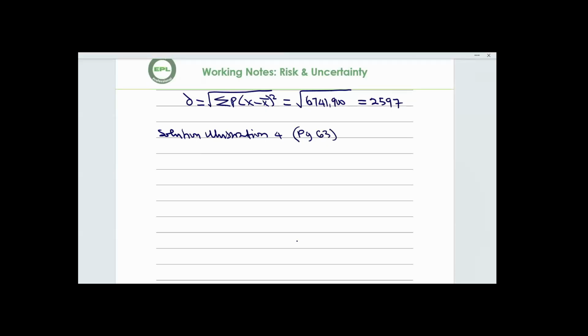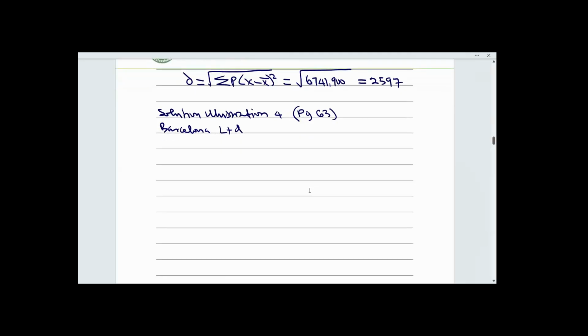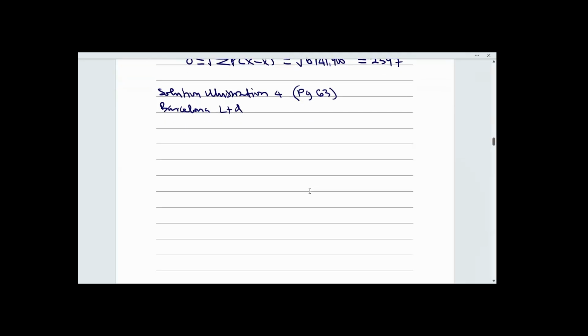All right. So the name of the company is Barcelona Limited. The examiner wants you to calculate expected NPV. Like I said, you can't just go ahead and calculate expected NPV. You need to first of all calculate expected value for each year. You will notice that in this question, the cash flow of year 1 is different from the cash flow of year 2 and 3. That means they are independent cash flow.